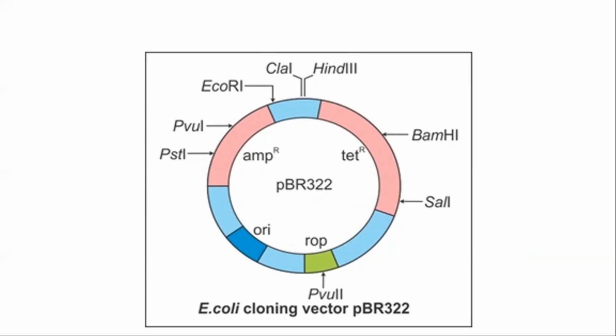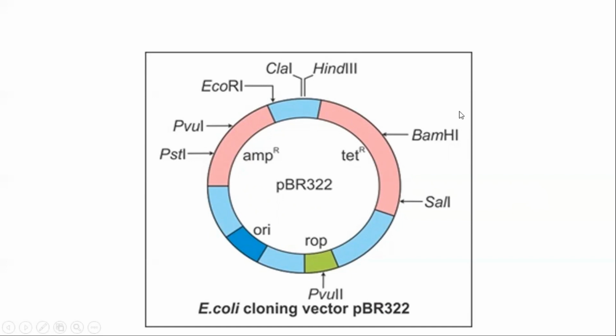NCERT does not give a clear idea about it, but I'll explain. Say suppose I am going to ligate a piece of DNA by means of the BamHI restriction enzyme. If you take the BamHI restriction enzyme, this restriction enzyme is going to act at the tetracycline resistance gene.